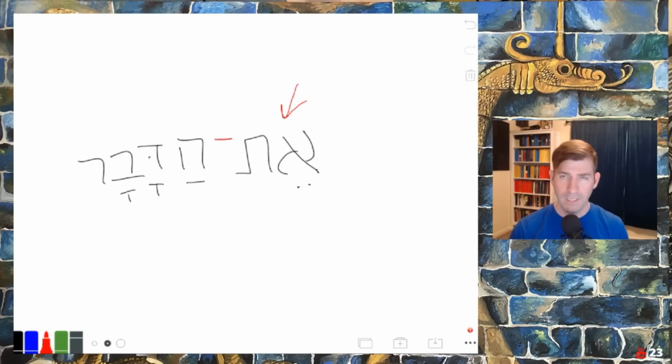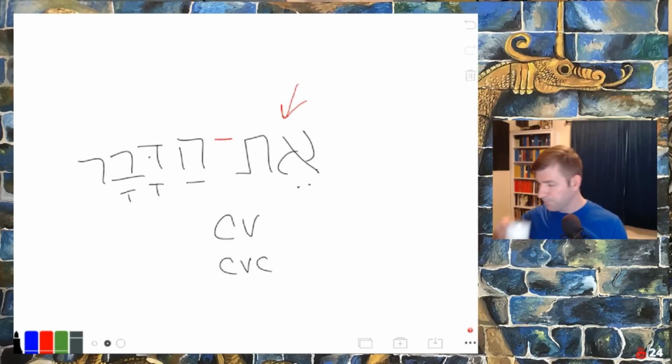If you remember me talking about syllables, you have two different types of syllables, consonant-vowel and consonant-vowel-consonant. I told you I'd come back to this, so here I am. Syllables that are tonic, that have the accent, can be this, which is called an open syllable.